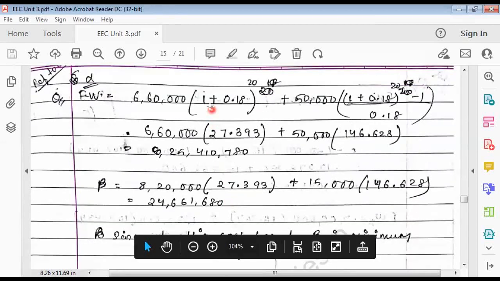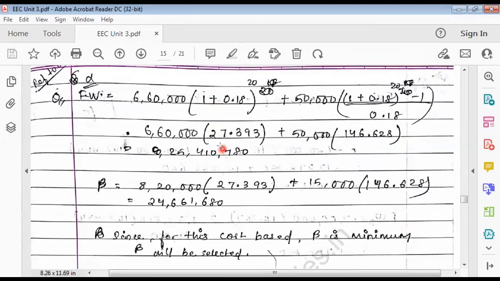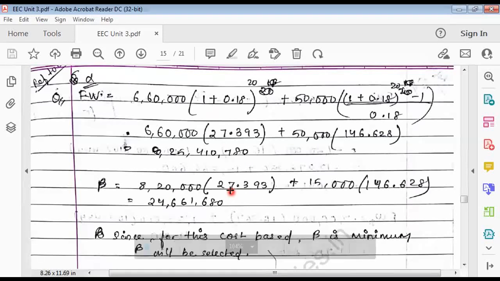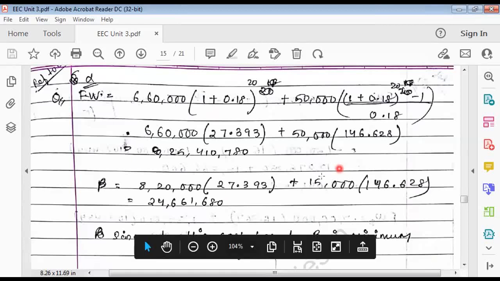The value of (1 plus 18%) whole to the power 20 is 27.393. And the same has been multiplied for beta, 8,20,000 times (1 plus r) whole to the power t, and its value is 27.393. Since 8,20,000 is a single time investment, the first formula has been used. But you know that this 15,000 is annual operational and maintenance cost.